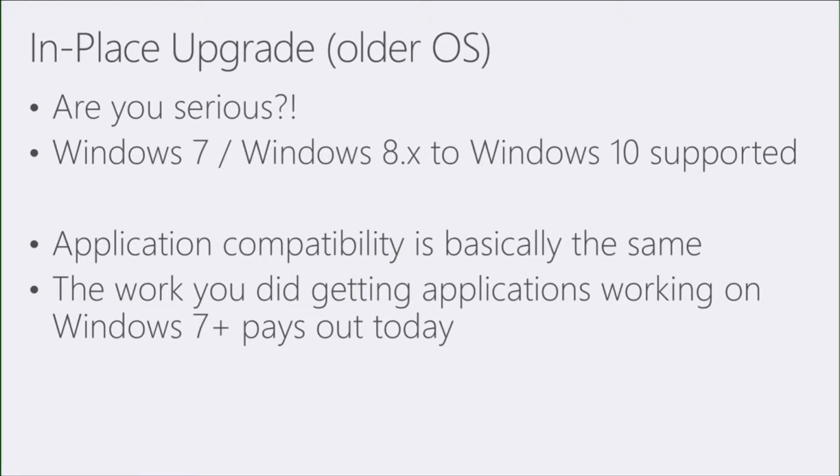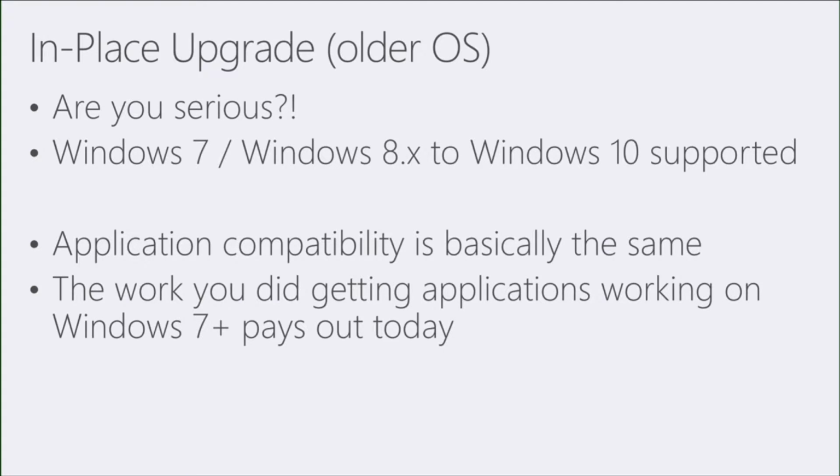Because actually, Windows 10, yes, we've got support for UWP applications and side-loading of modern apps, but actually the underlying application support for x86, x64 applications hasn't really changed that much. So if you already did that hard work before, well, actually now you're paying out on that. You should not have to reinvent the wheel on that one.